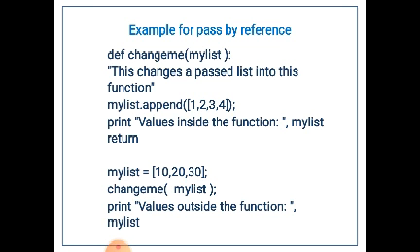We have a mylist with 1, 2, 3, 4, and at the bottom we have a mylist containing 10, 20, 30. changeme(mylist). So changeme is the name of the function, as we have seen. Now again it is calling the function with mylist. Now we are getting the values there. We are calling the print function, printing values outside the function.